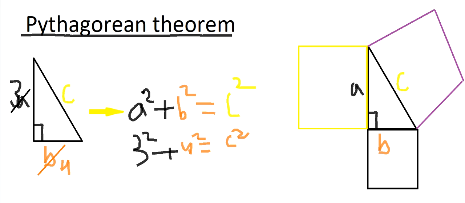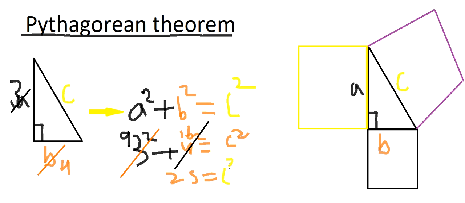So 3 squared is just 9 and 4 squared is just 16. So 9 plus 16 is 25, which is equal to C squared. Are we done?